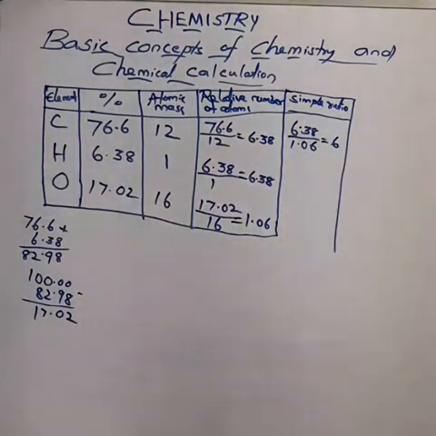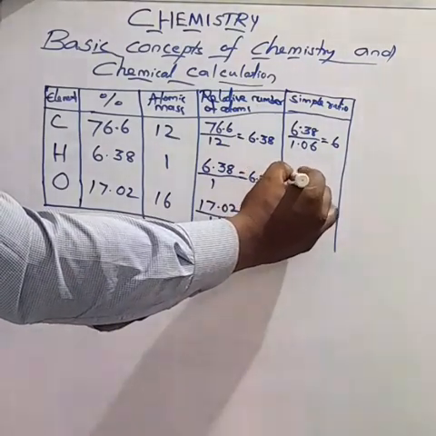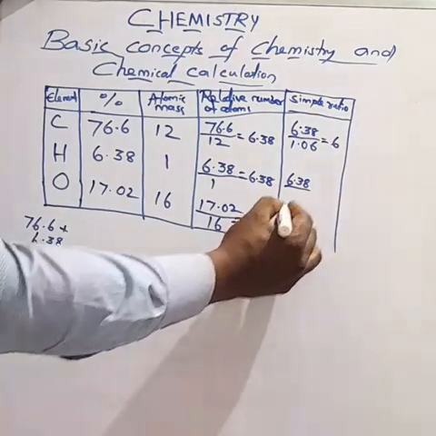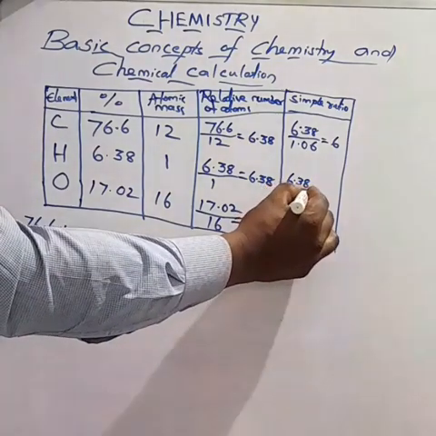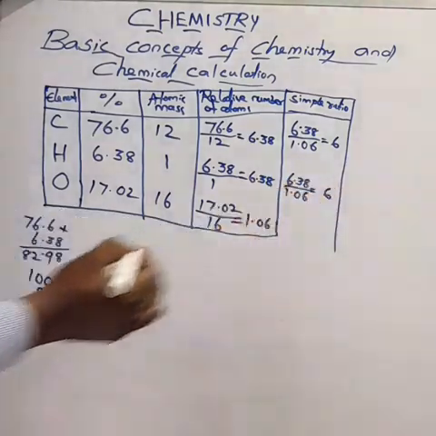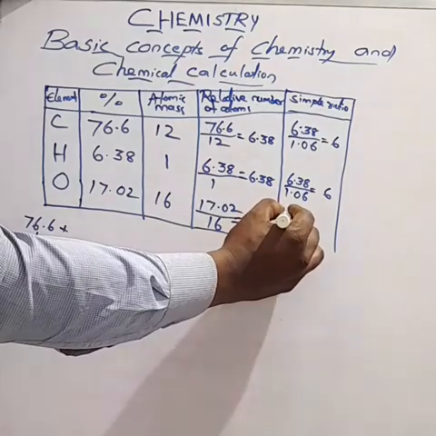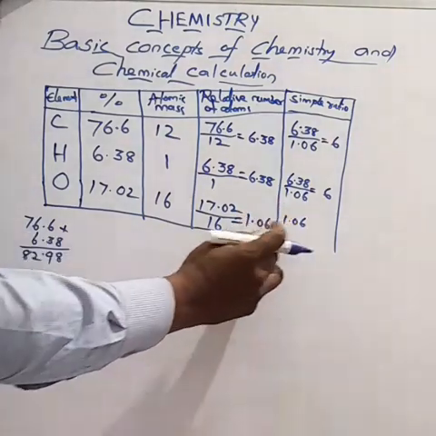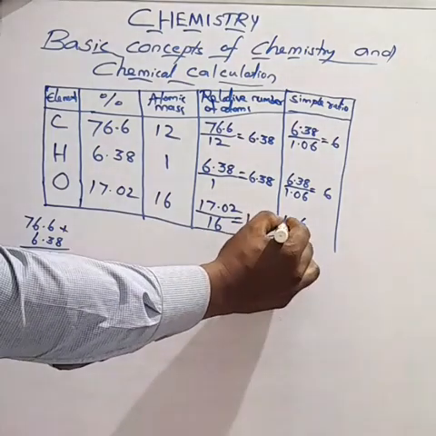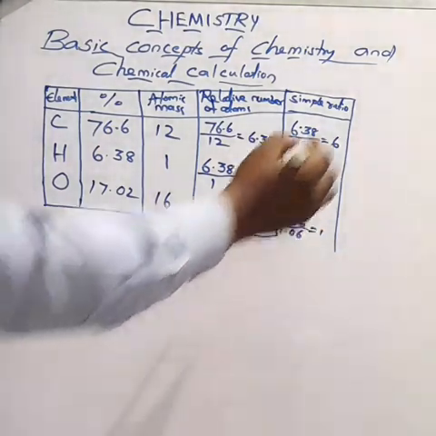Next, about hydrogen, it is also the same. The relative number of atoms is 6.38 divided by the lowest value, 1.06. That is also approximately 6. Next, about oxygen, the relative number of atoms is 1.06 divided by the least value 1.06, that is equal to 1.